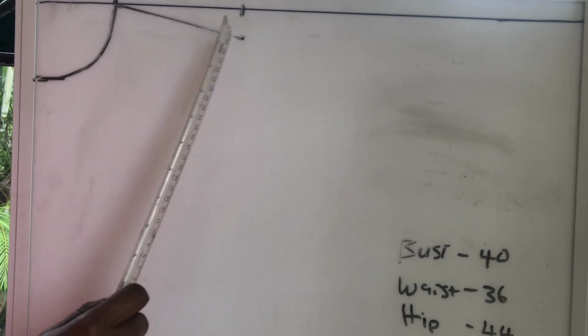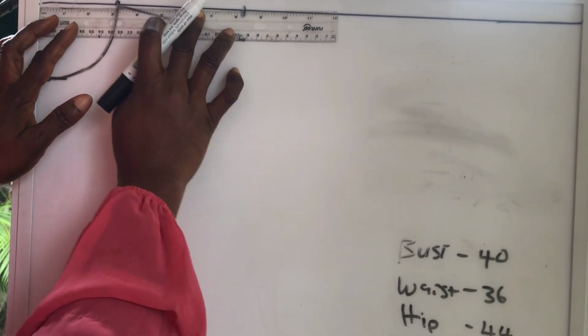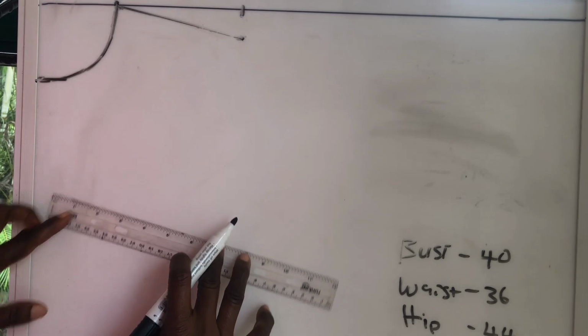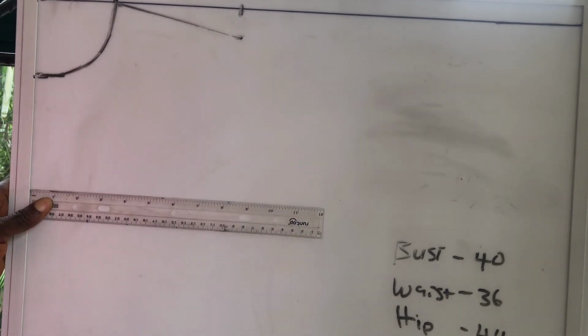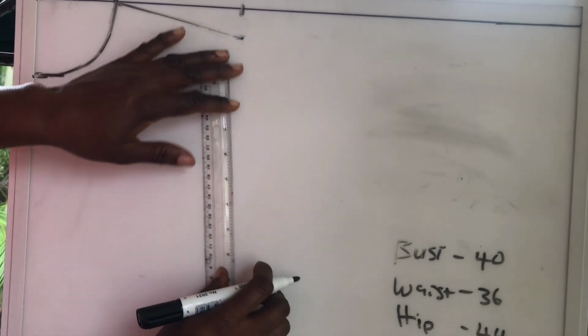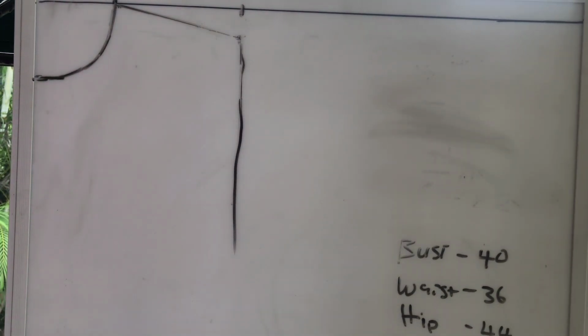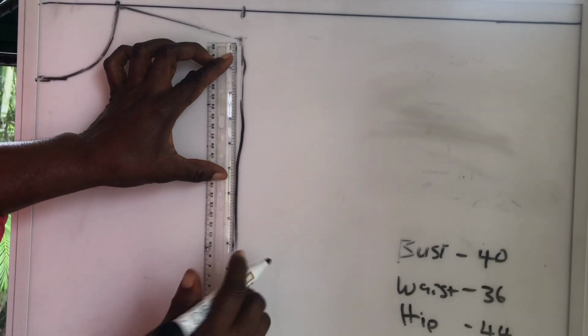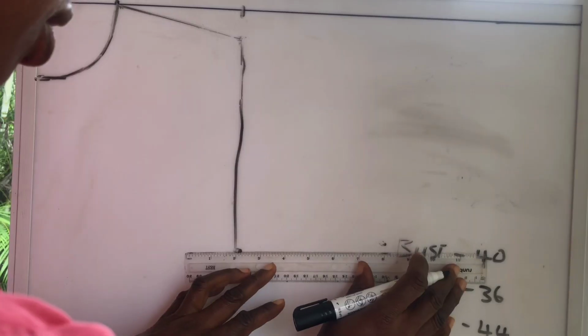Whatever you got here is what you are going to impute here. Don't bother yourself, guys. I told you I like making things easy for myself. We got 8.2 here. That is what we are going to measure here, and then we bring down our line, and then we still take it this way, 8.2.